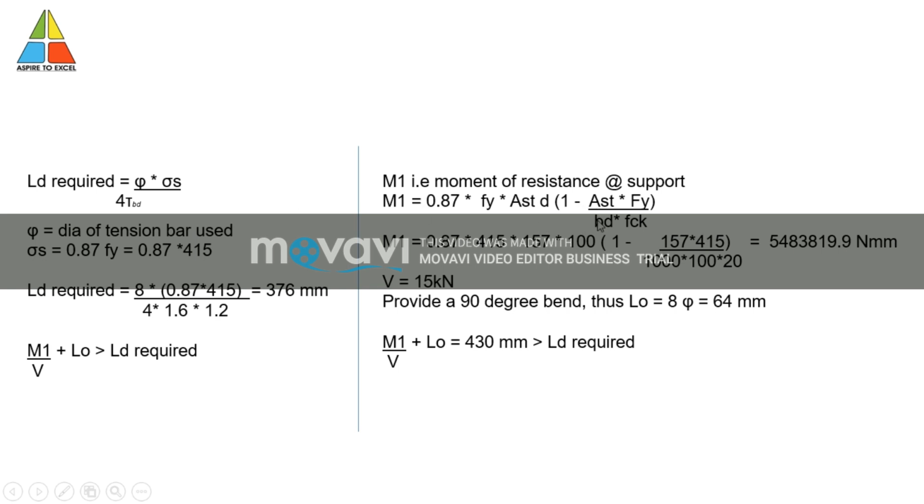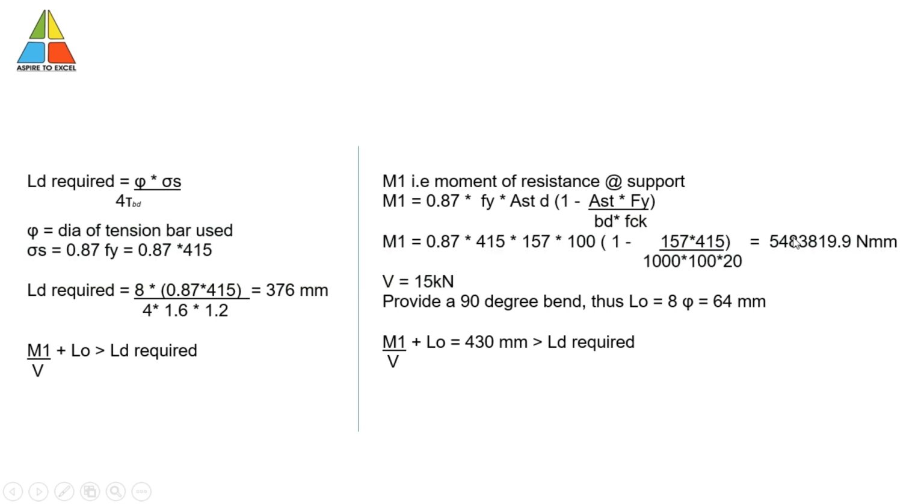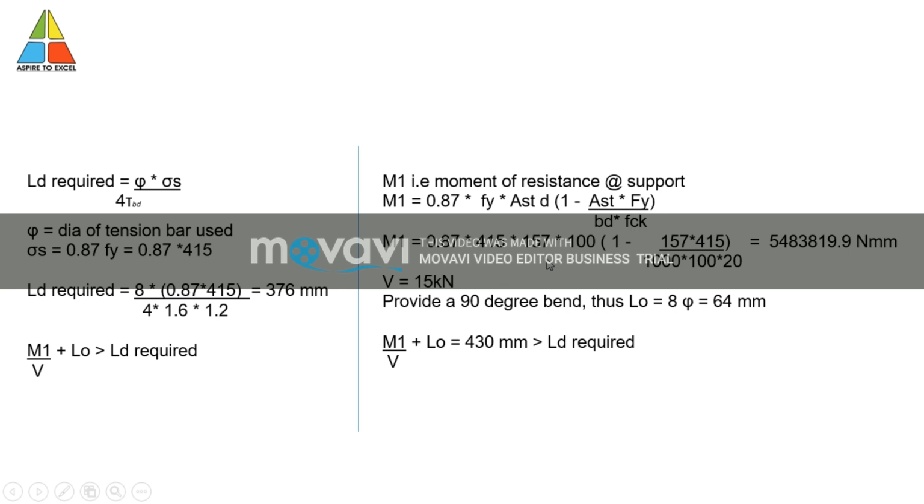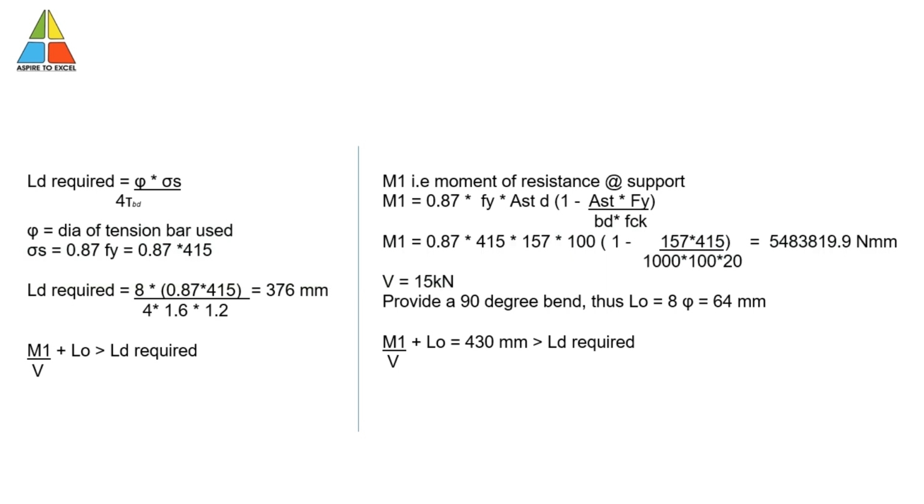So putting all the values, you will get the moment of resistance at support. Make sure that the area of steel is half of what we provided at the center. At center we provided 314, so at support the area of steel would be half of it, that is 157. The value of V we'll keep as 15 kilonewton as we calculated.